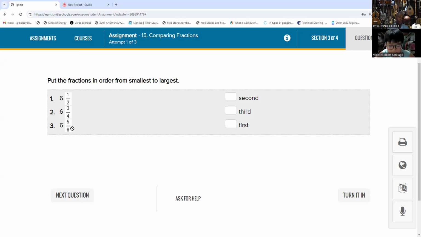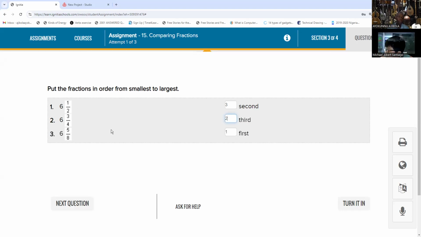So we have 15, 18, and 12. Which one is the smallest? The 12 is the smallest, right? Yes, which is number 1. Then the 15, which is the third one, is the second. And the second one will be the biggest, which is number 2.